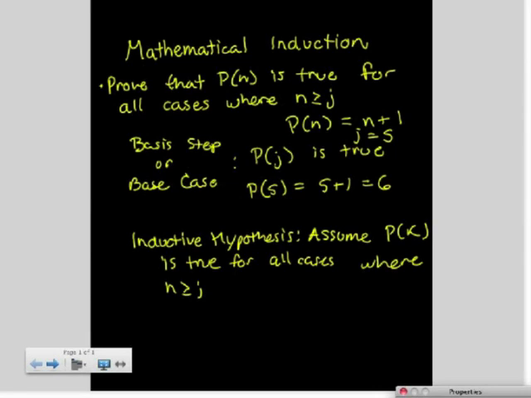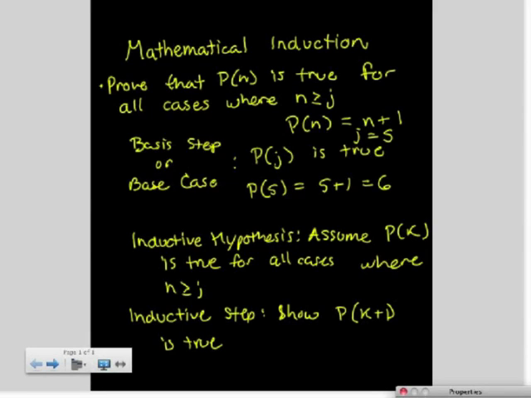So basically you're just assuming that what was given to you is true. And then where the real problem comes in is when you do your inductive step, and that's where you're going to show that P of k plus 1 is true.